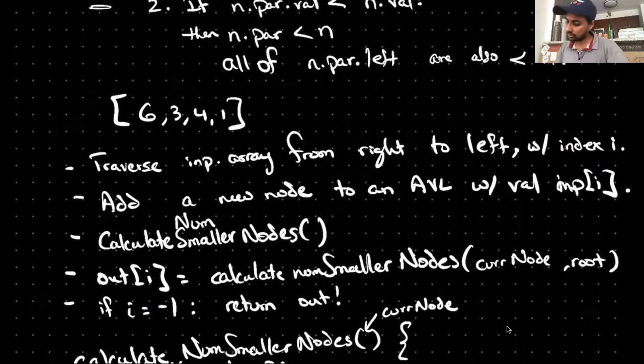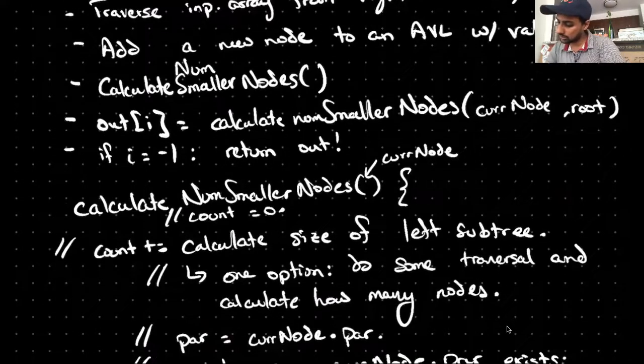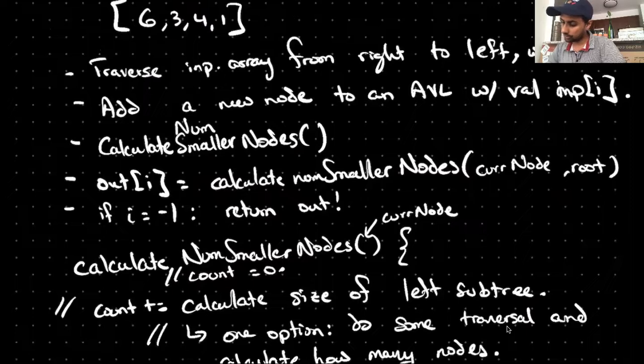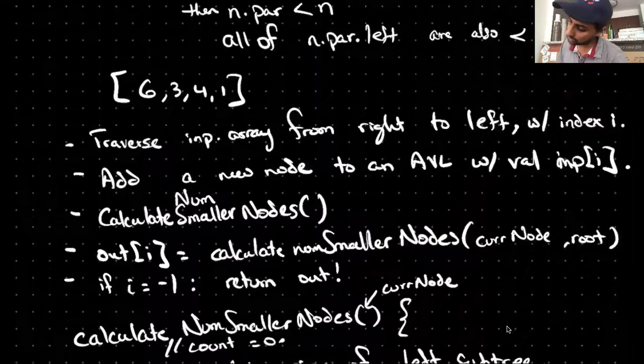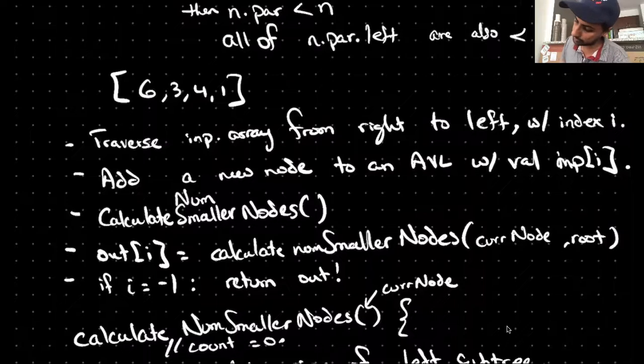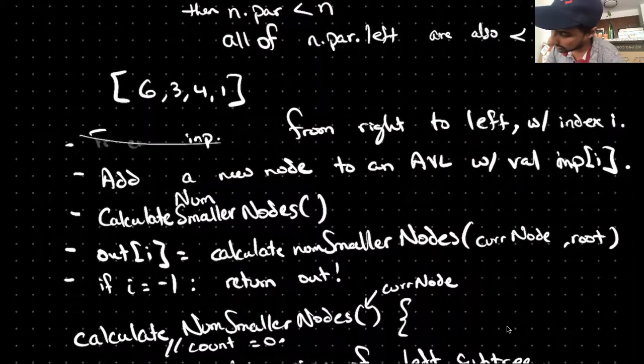So that's our algorithm, basically. We're going to calculate the num smaller nodes, and then the output at i is going to be whatever the value for calculate num smaller nodes is, and then we're going to decrement i. All of this is going to go inside of a for loop. So let's rewrite this line of code with this traverse.